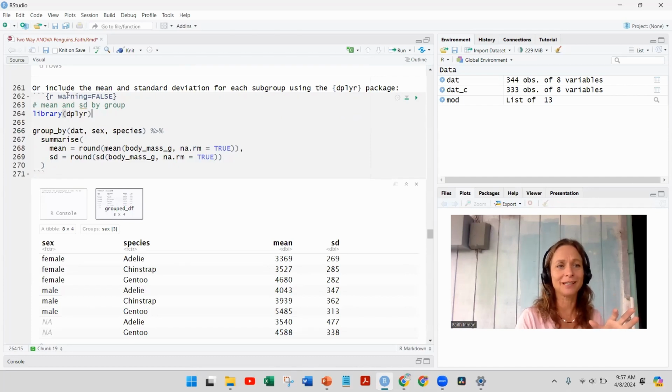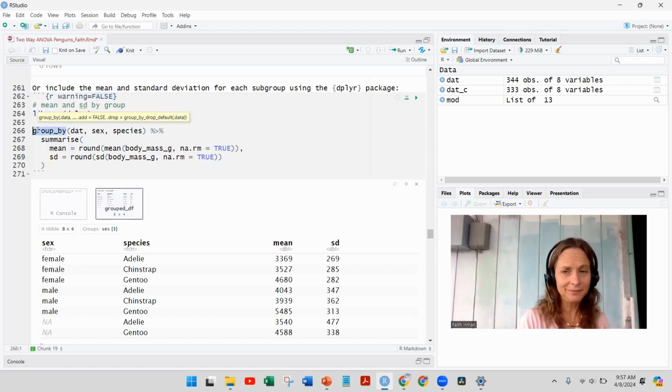If I run the whole chunk, again, I put this warning equals false, so we don't get all that red gobbledygook, because we don't need it. It's not giving us good information. It's good, but we don't need it right now. And then what we're going to do is group by. And what are we going to group? We're going to group the data by sex and species. Excuse me.